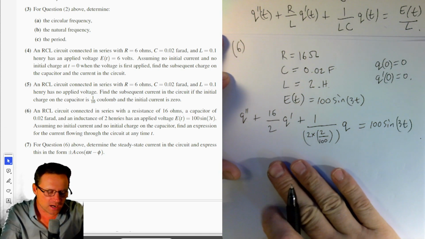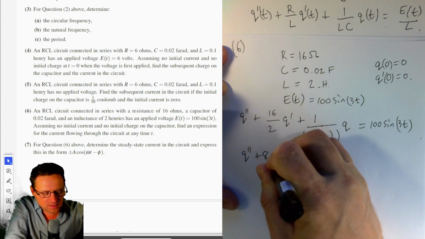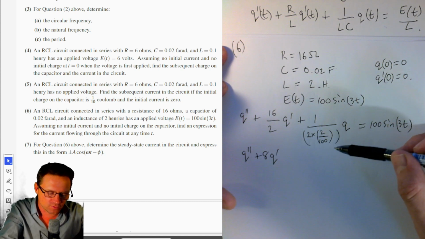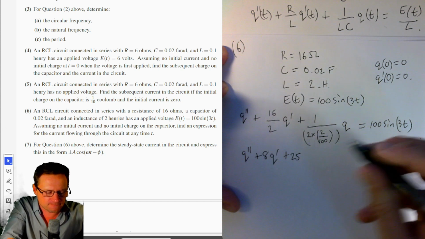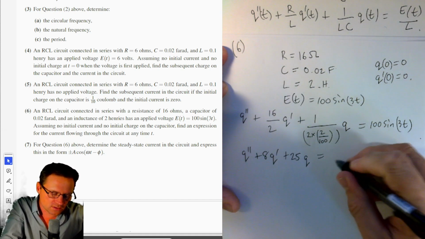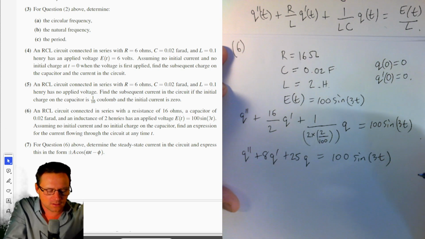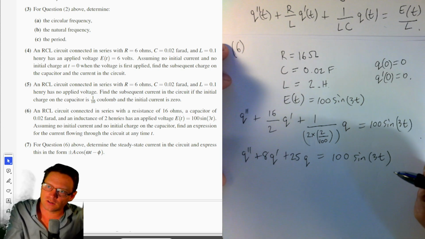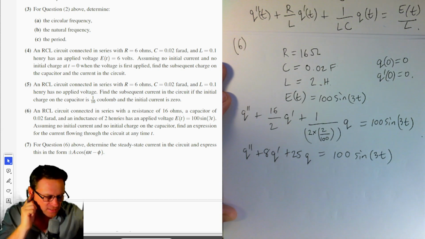Okay, let's simplify our differential equation. So we have Q double dash plus 8 Q dash. Now this is 4 over 100, but if we invert this, we have 100 over 4, which is 25. So plus 25 Q equal to 100 sine of 3t. All right, so let's see. We want to factorize this, but it doesn't look so easy.